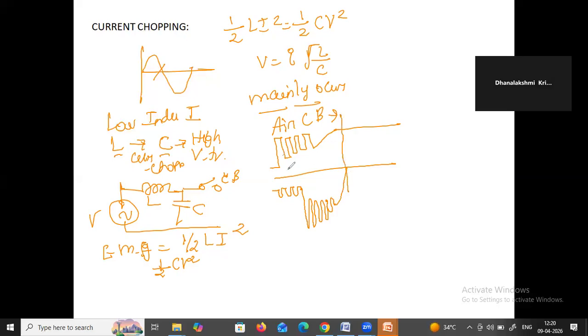This is the first current chop, and this is the final current zero. This is the zero crossing point. This is the arc voltage. This is the restriking voltage. This is the recovery voltage.